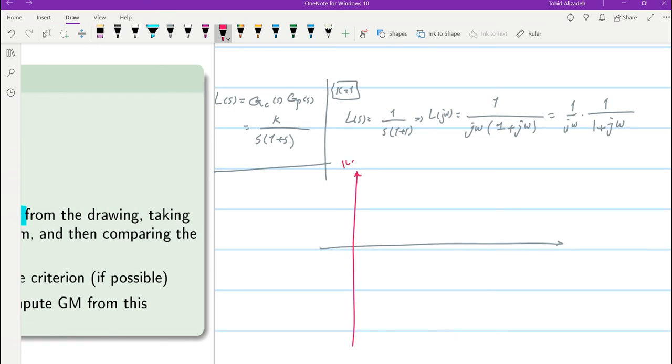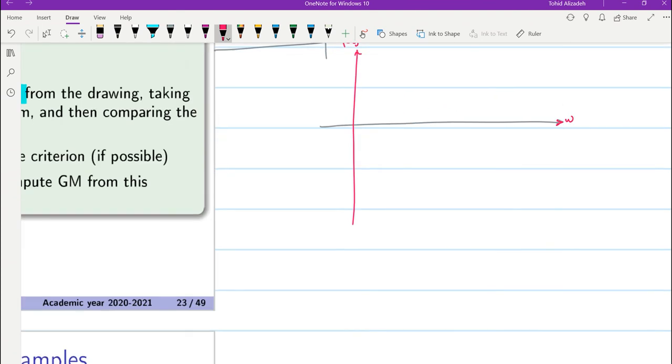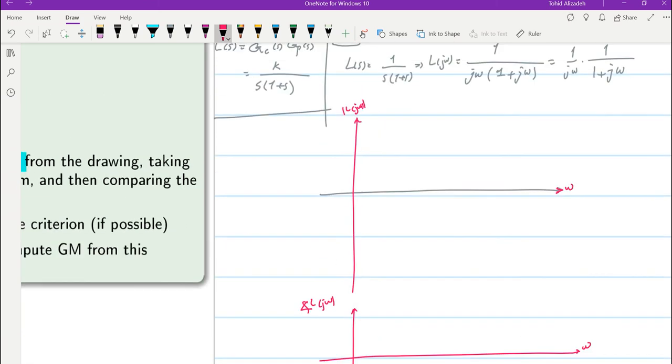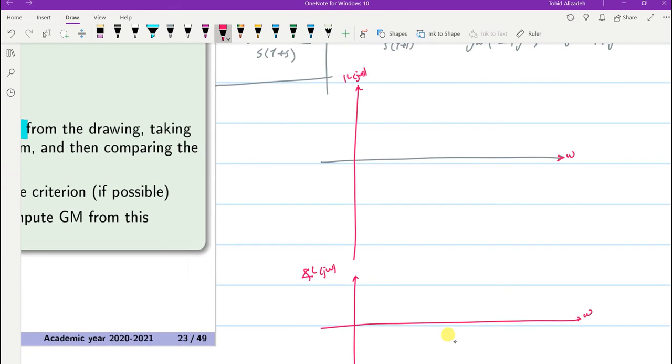We'll have the amplitude of L(j omega) and phase of L(j omega). Let's say that for our x-axis, for the omegas, we'll have the logarithmic scale for omega equal to 1, 10, 100.